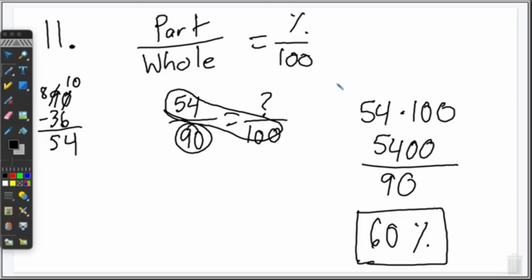Let's look at number 12. Number 12. Jeremy bought a $60 pair of sneakers on sale for 15% off. Then he used a coupon that gave him an additional 10% off. How much did Jeremy spend on the sneakers? Well, this is a markdown.